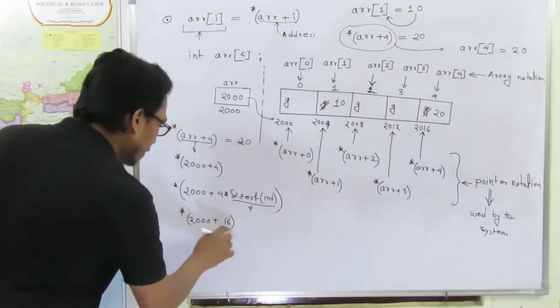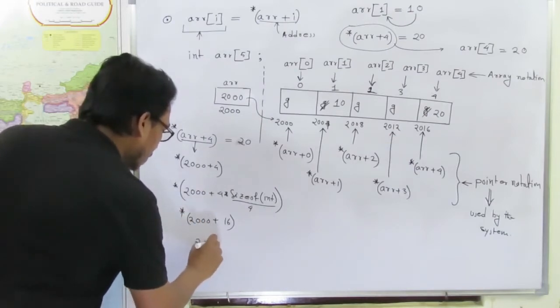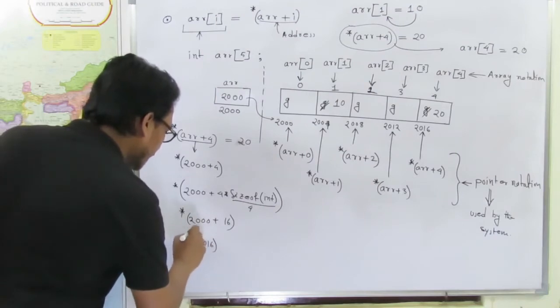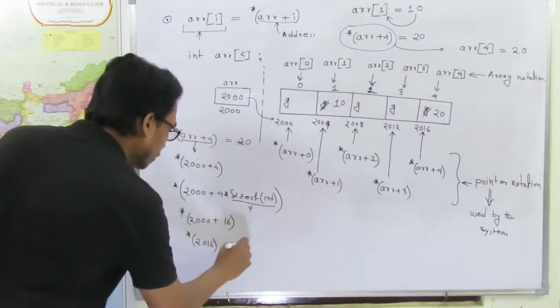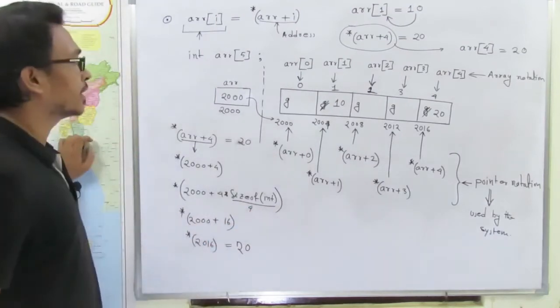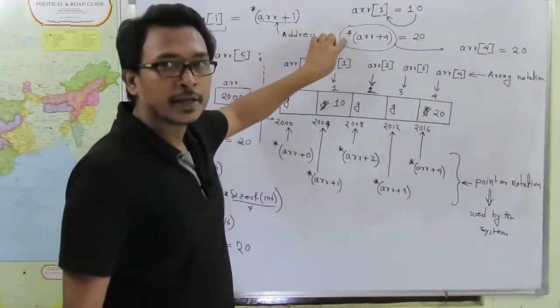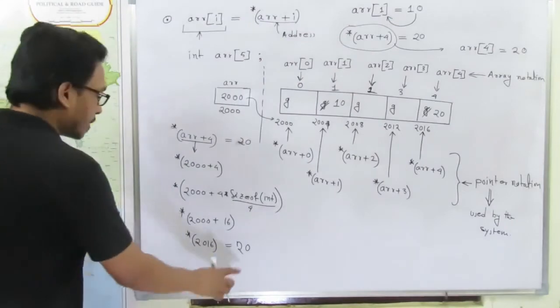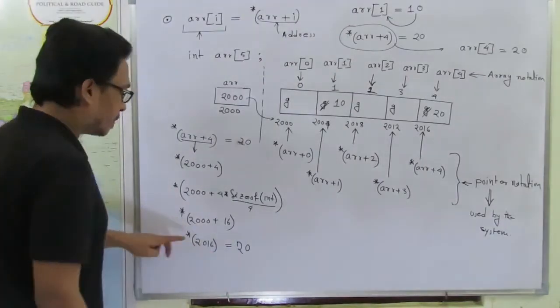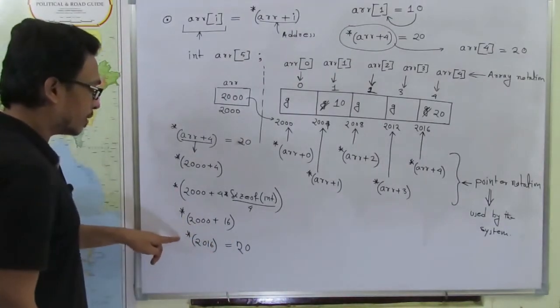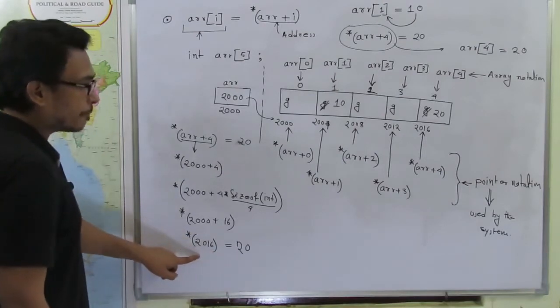Then the indirection. Now it will be *2016 = 20. This is the actual instruction. How will the system store the value 20 with this instruction?